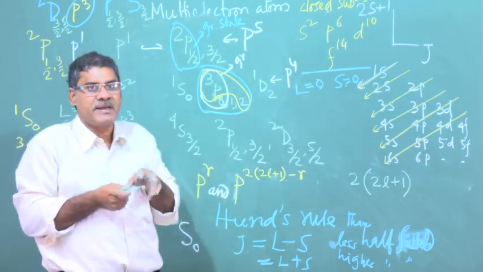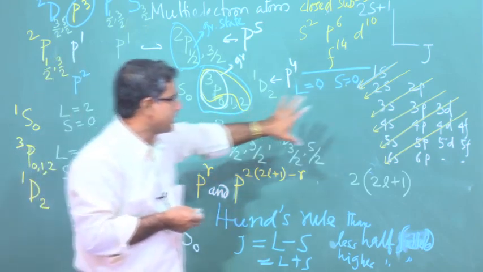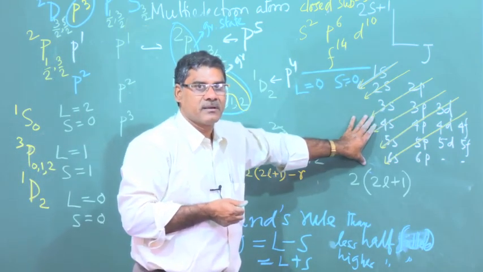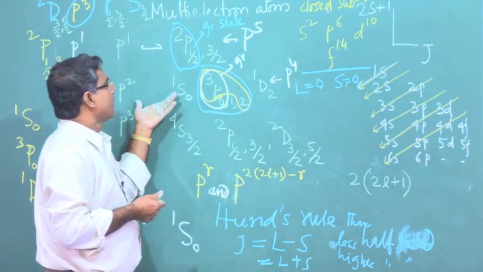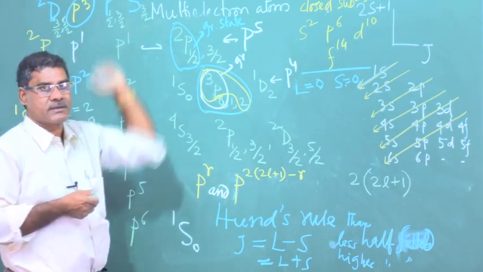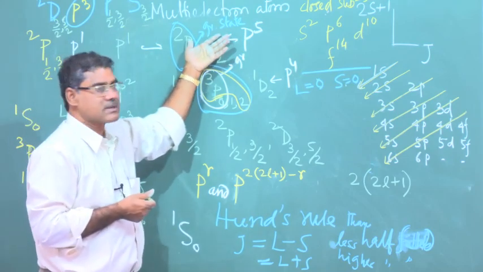Now, you will get many terms for a particular electronic configuration, and out of them you have to find out which one is the ground state.